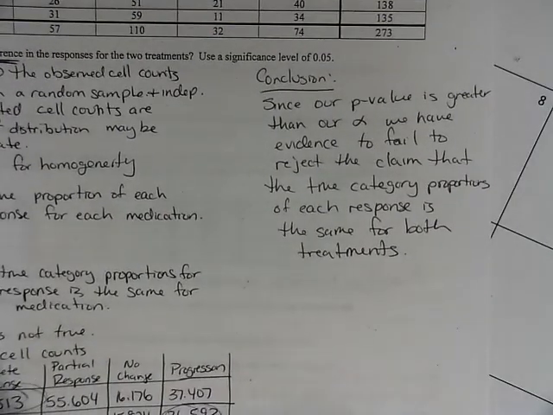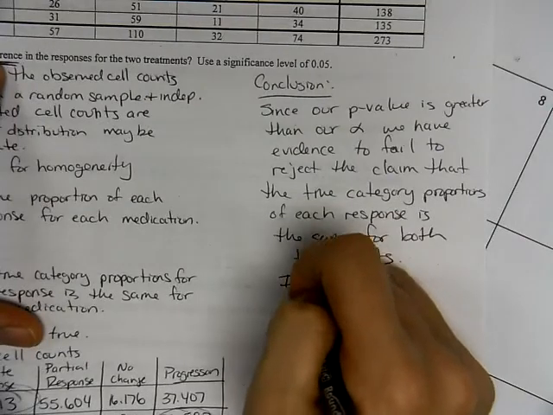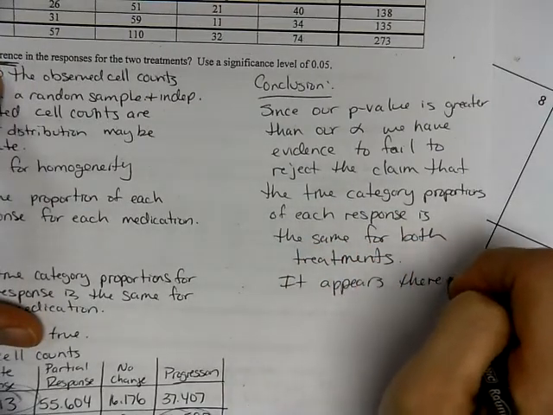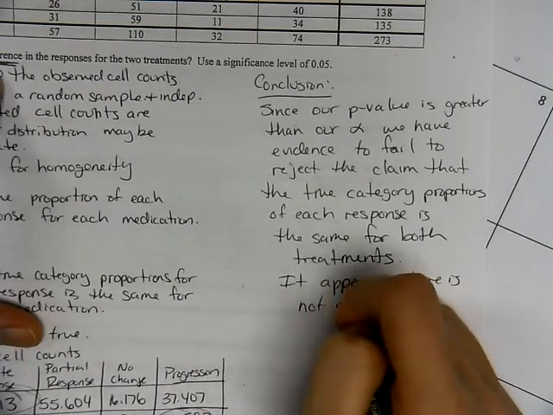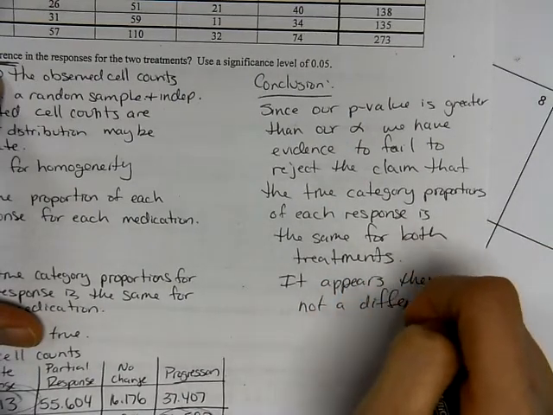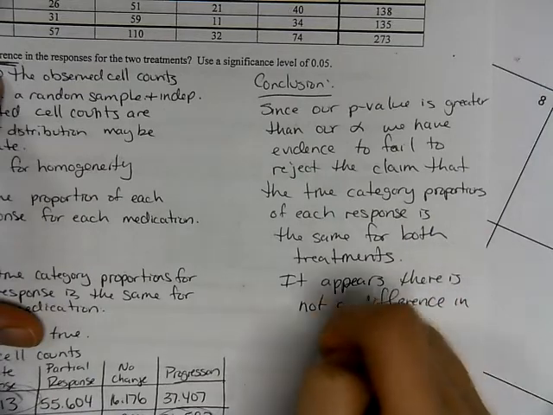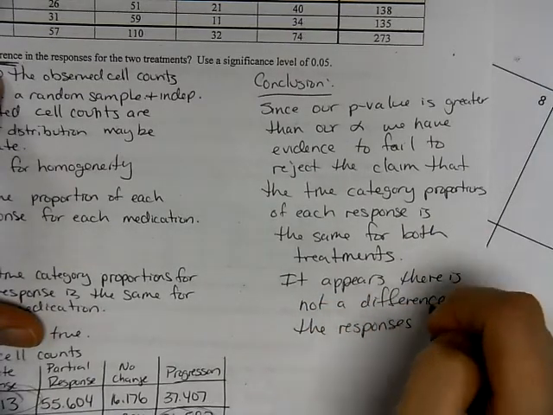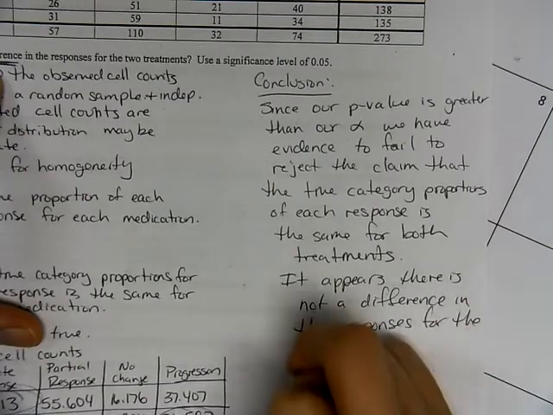The question was, is there a difference in the responses? If there was a difference, we would be rejecting. So let's answer the question. It appears there is not a difference in the responses for the two treatments.